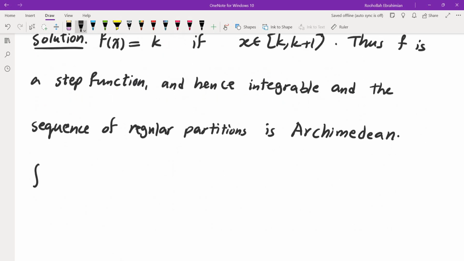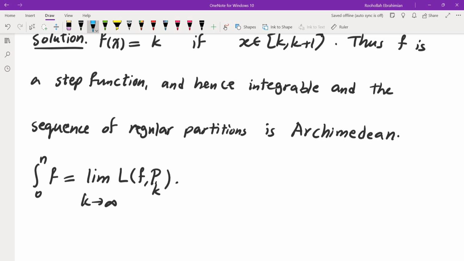So the integral from 0 to n of f would be the limit of the upper or lower, doesn't really matter. I'll just do lower, pk, let's say, as k approaches infinity. Okay, now finding these lower sums is a little bit tricky because you could have things that are divisible by n or not divisible by n.